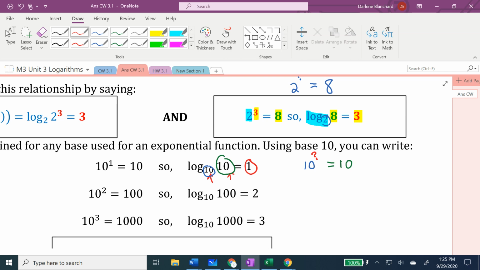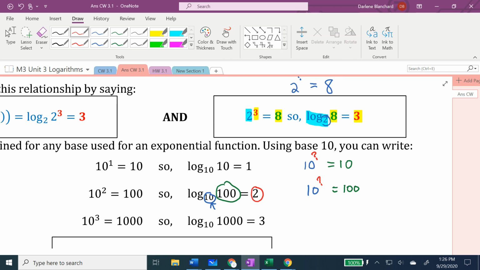Now, look at the next one down. And I'm going to color code again. So this is going to be red. Base is blue. Logarithm's input is green. If you see log base 10 of 100, you need to look at, for this base 10, what exponent will cause this to be 100?